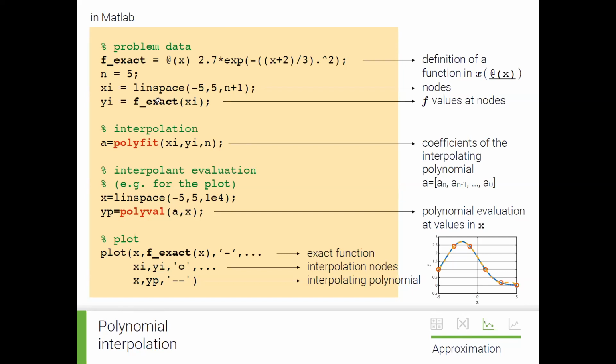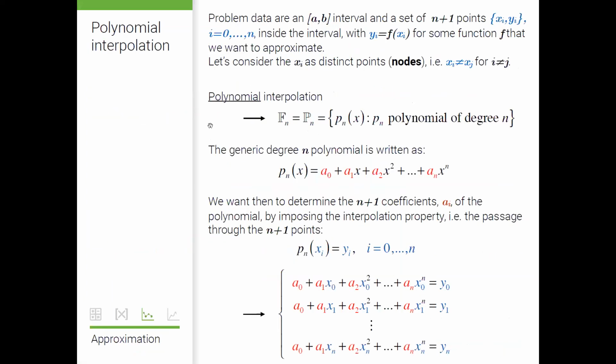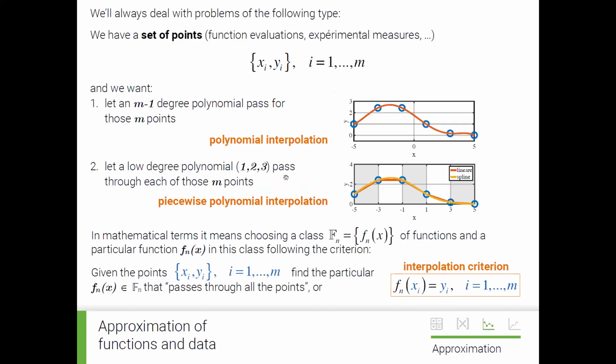And for yi, we put the value of xi into the exact function, from our given example. Let me show you one more time: f(xi) equals yi, i from 1 to m.